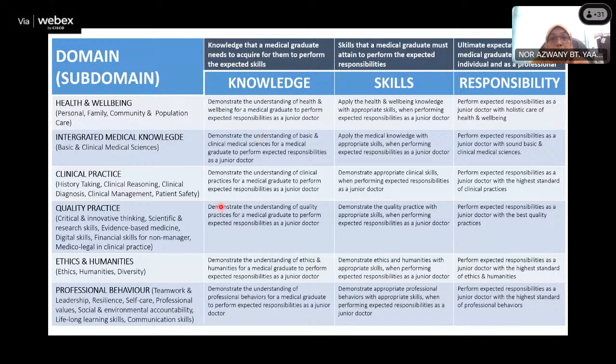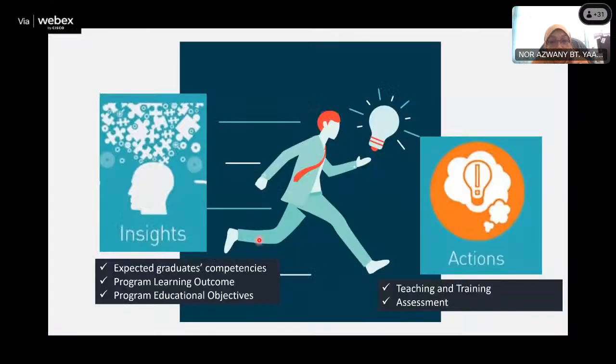Okay, and to illustrate how this domain, subdomain, and competency with descriptors align with our medical degree program, I will look into our teaching and training and also assessment.